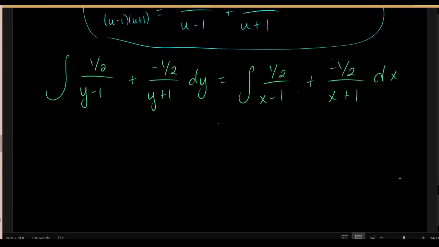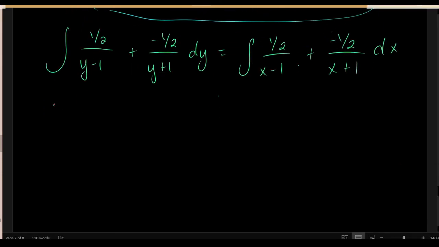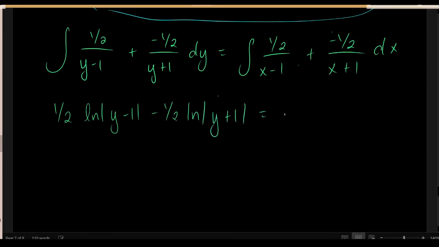So let's go ahead and integrate this. We have 1/2 natural log of the absolute value of y minus 1 minus 1/2 natural log of y plus 1 equals 1/2 natural log of x minus 1 minus 1/2 natural log of x plus 1 plus c.